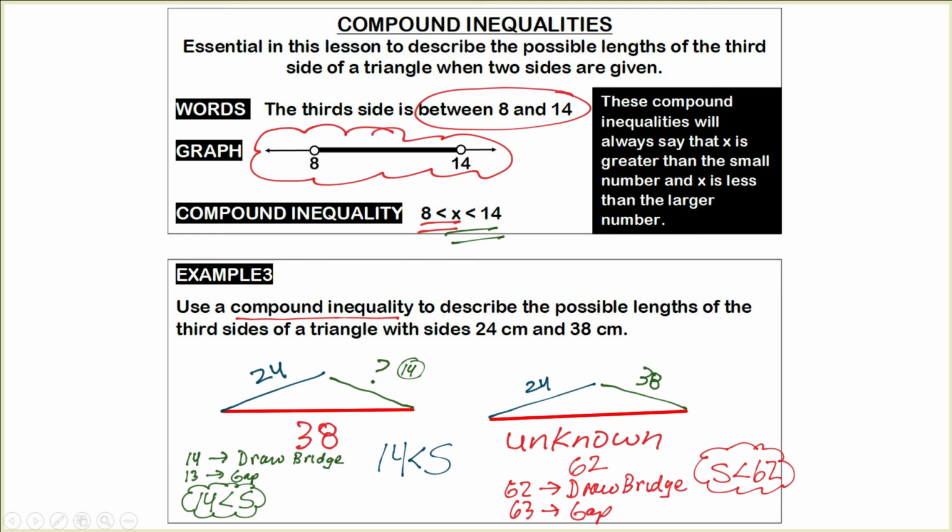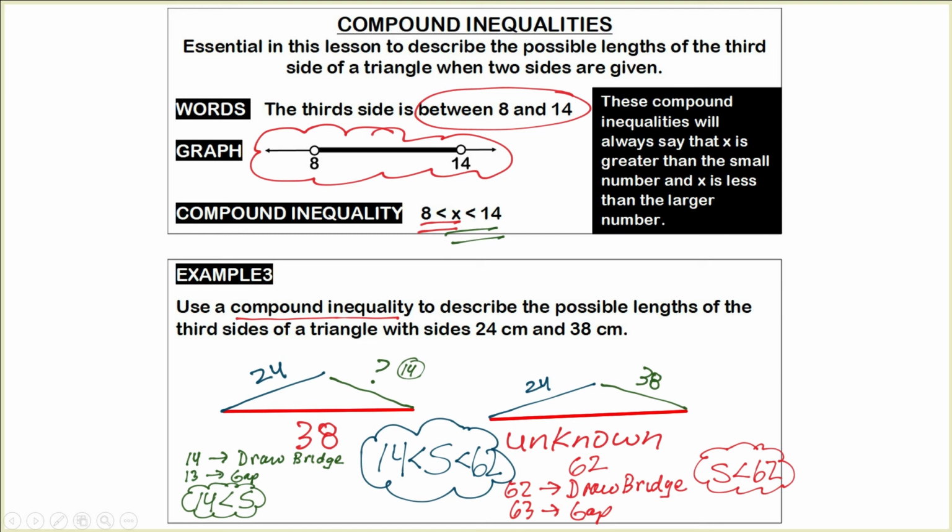And then I need my side length to be less than 62. And so as long as I have a third side that's between 14 and 62, I will be able to form a triangle along with the side that's 24 and the side that's 38.